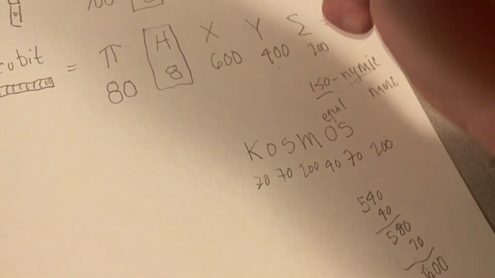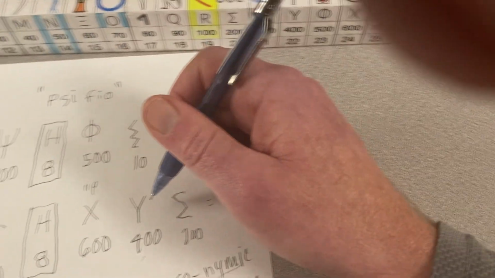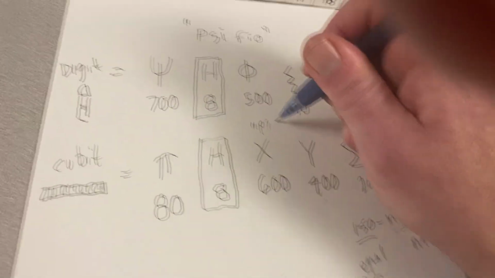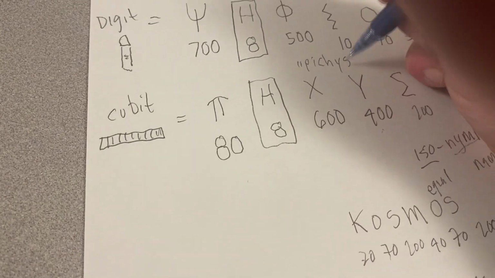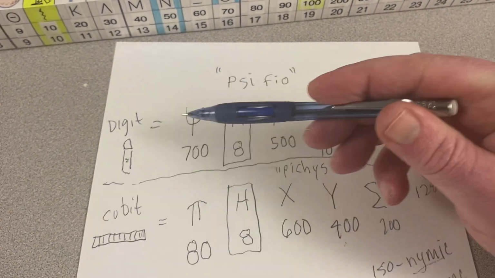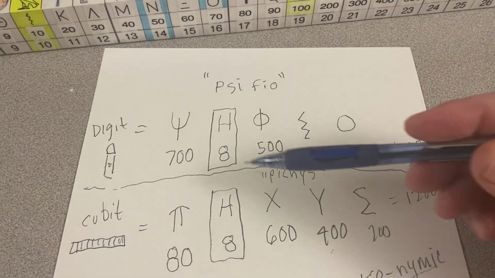Pikis. So we see that digit is isonymic with cubit, and that's where the word is derived.